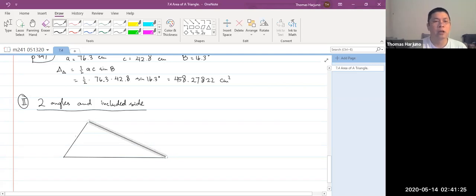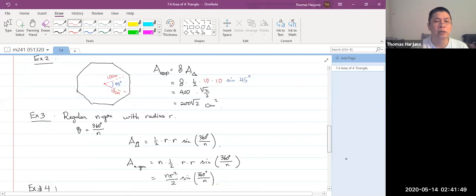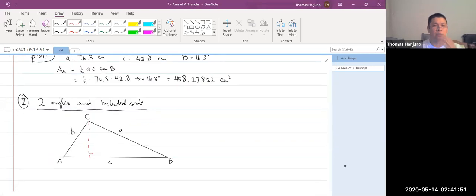So suppose I have this equation here. Let's say A is known, B is known, and side C is known. This is the height. Let's start with this equation here.